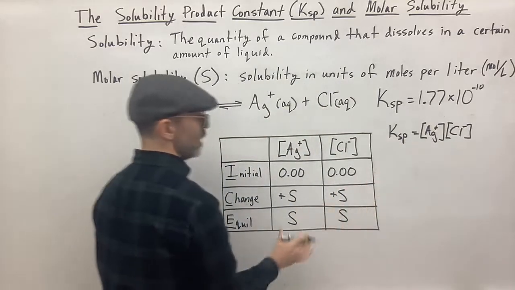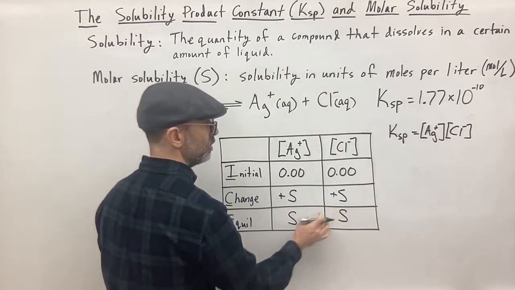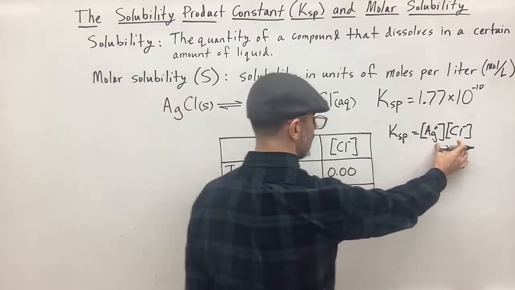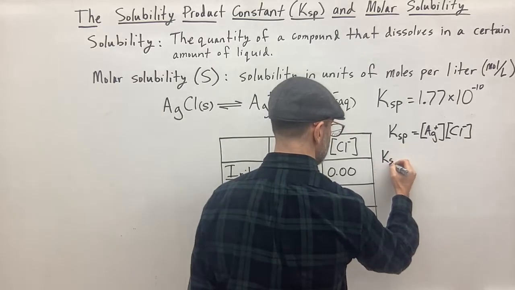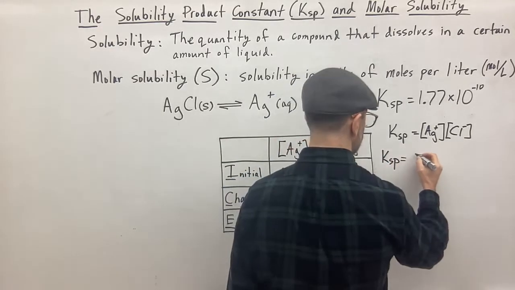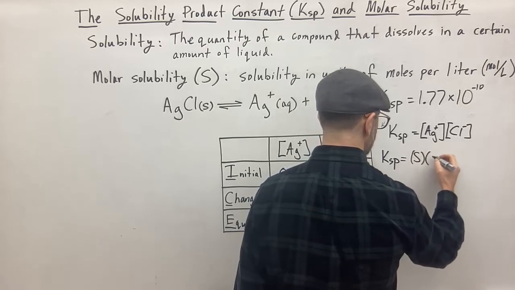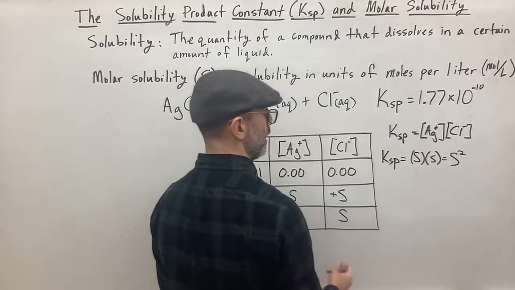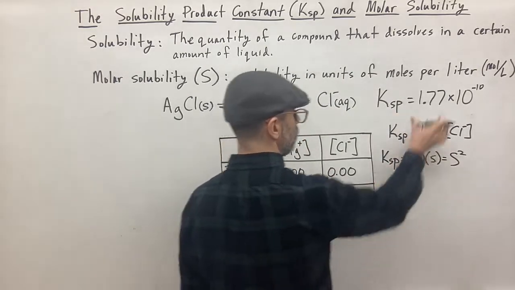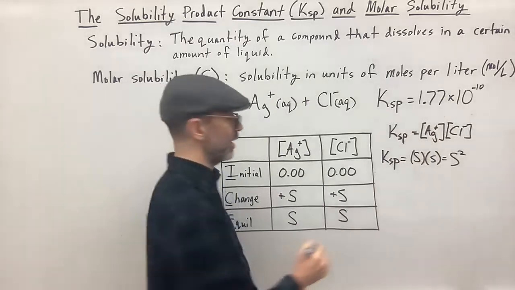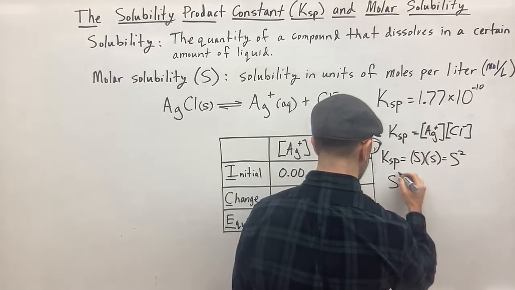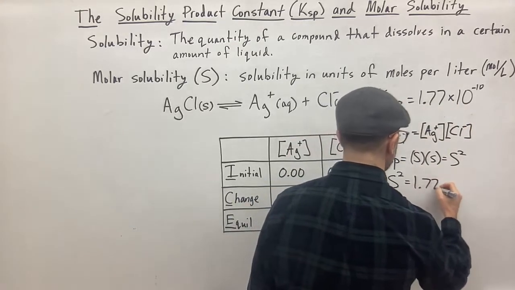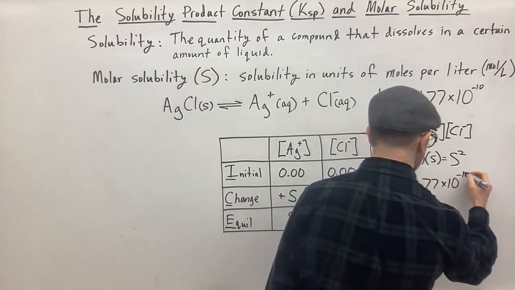And so now we just plug in these values, right? So S and S gets plugged into here. So Ksp is equal to S times S, which is S squared. And then this Ksp is equal to this. So that means that S squared is equal to 1.77 times 10 to the negative 10.